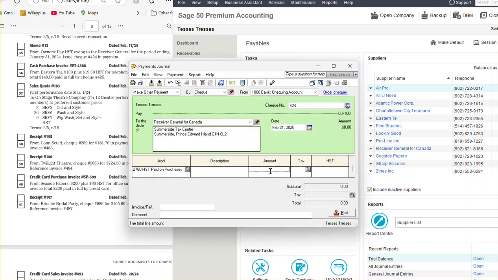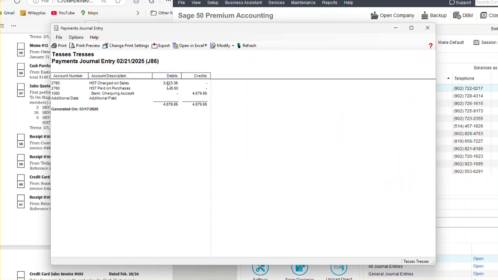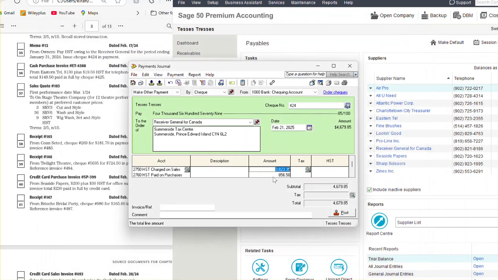So I will have to do this amount, a negative of 856.50. Sorry, hold on. The first amount I think was 3823.35. If you look at it, when you're displaying it, we know that the first account was credit and we had to debit it. This is okay. The purchases one, you had to put a minus in front of it.